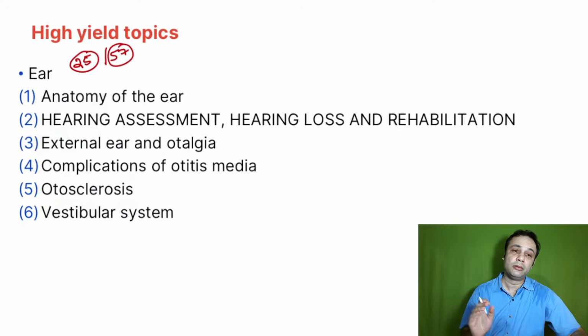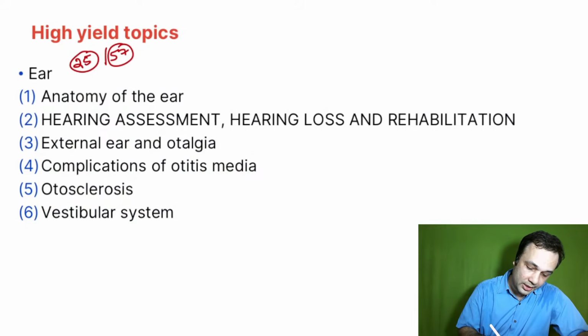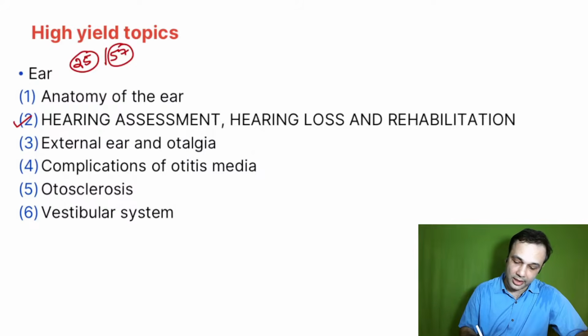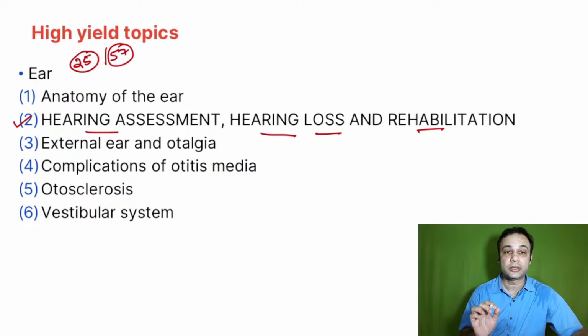So when you take ear into account, the most common topics are hearing assessment, hearing loss, and rehabilitation. We will discuss more about this in the PYQs that we are going to discuss, right? So hearing assessment, hearing loss and rehabilitation are the three most important topics.